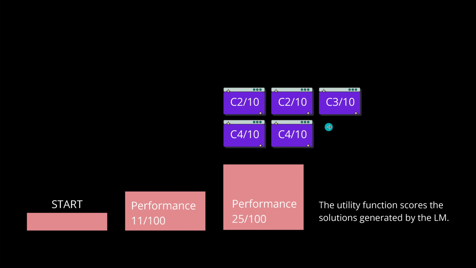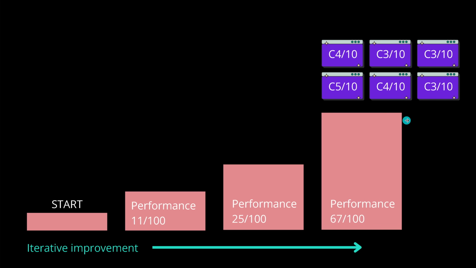You have defined a utility function that is going for an accuracy of the solution. And let's say the first one had a performance of 11 out of 100, and now we reach a performance of 25 out of 100, and you get the idea.